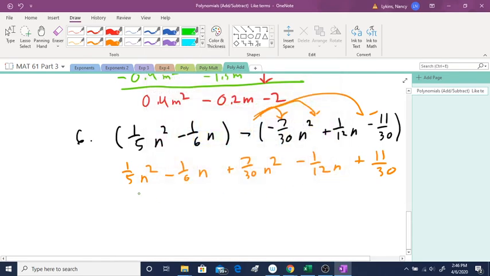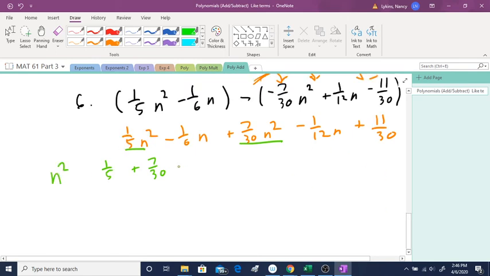Now what I'm going to do is take my n squares. So that's a 1/5. So this is my n squared. 1/5 plus 7/30.